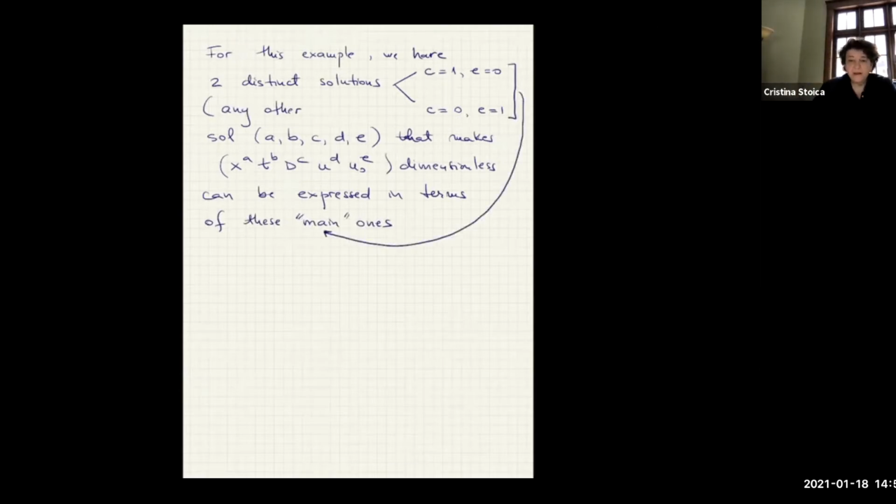So in other words, if I take any other solution of the system, note this is linear algebra, right? This is because of the span.